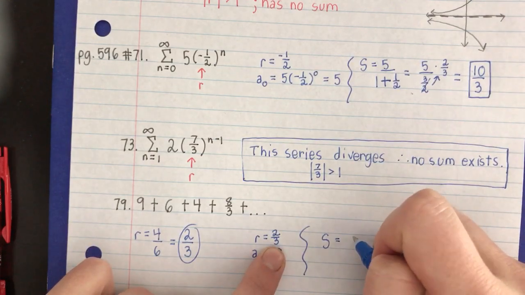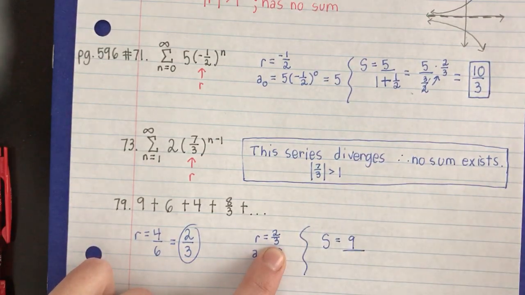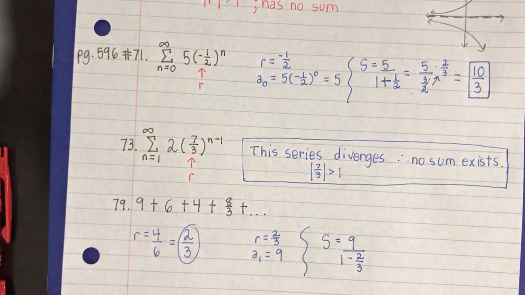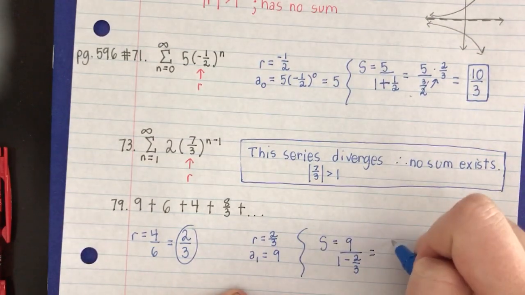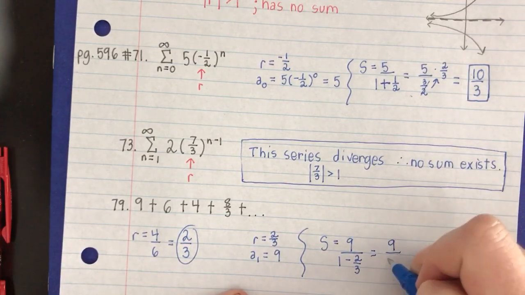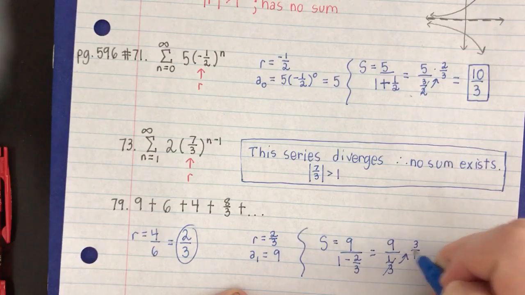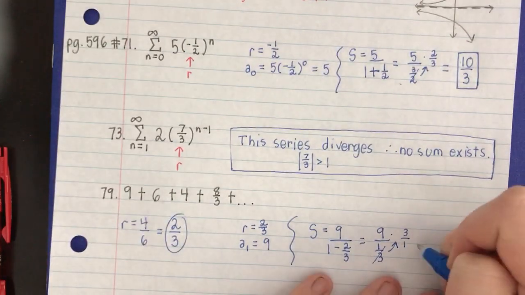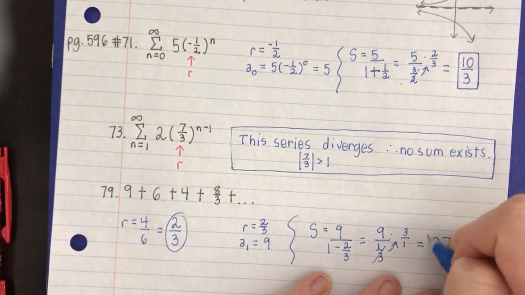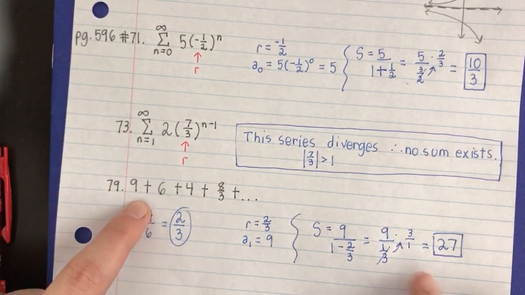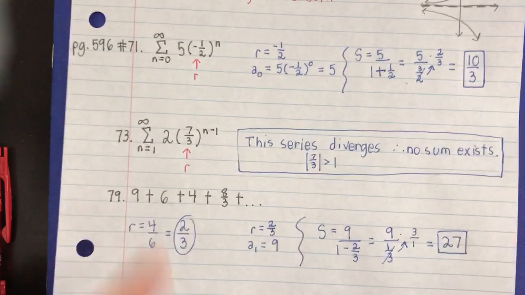S equals 9, that first term, divided by 1 minus that ratio, 2/3. So we have 9 divided by 1/3. Multiply by the reciprocal, so 9 times 3, which equals 27. The value this geometric series approaches is 27.